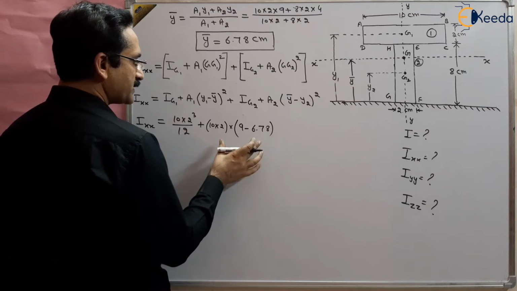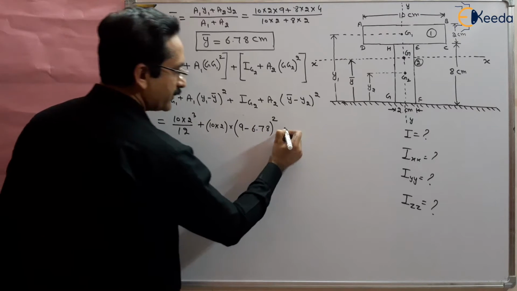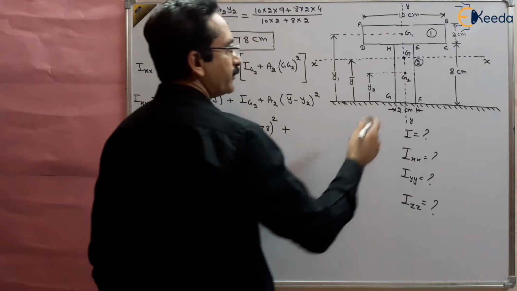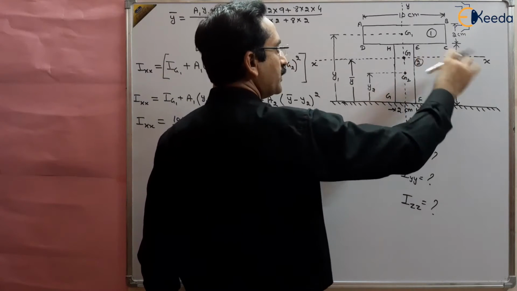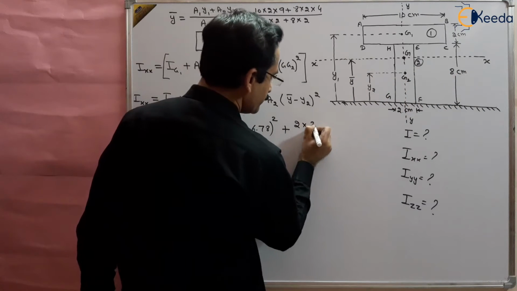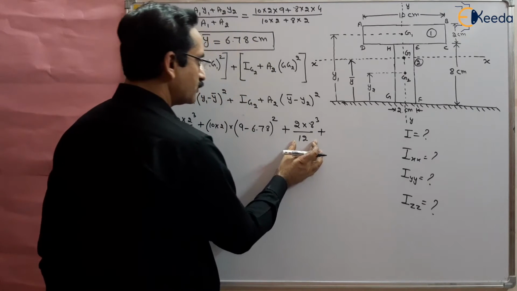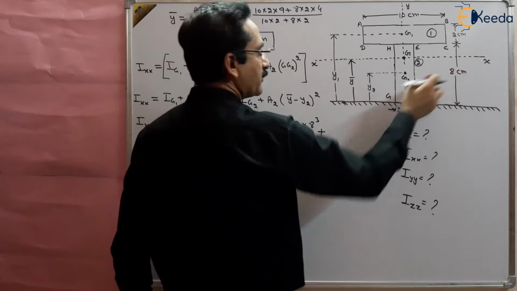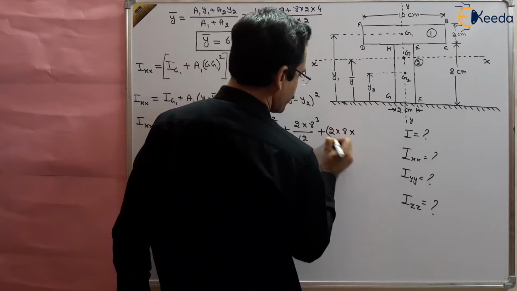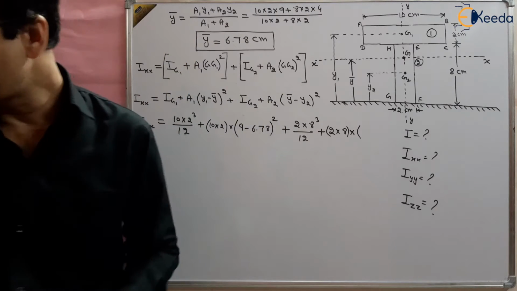Plus Ig2, that is BD cube by 12. B is 2 and D cube is 8 cube by 12, plus A2, the area of this figure, 2 multiplied by 8, multiplied by y bar minus y2 squared.